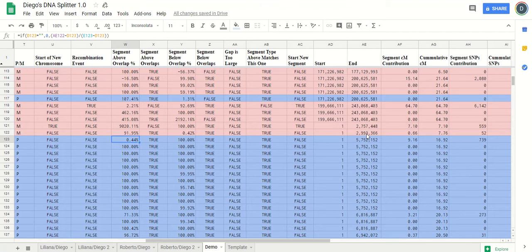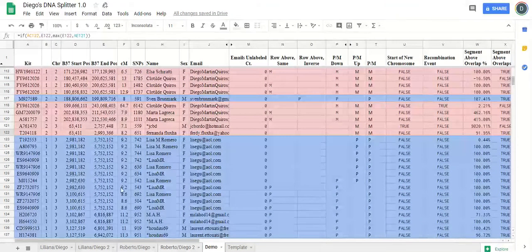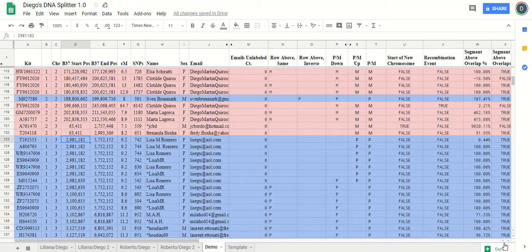So the previous one ended right there, 2.993, and this one starts here, and it's going to calculate the difference.